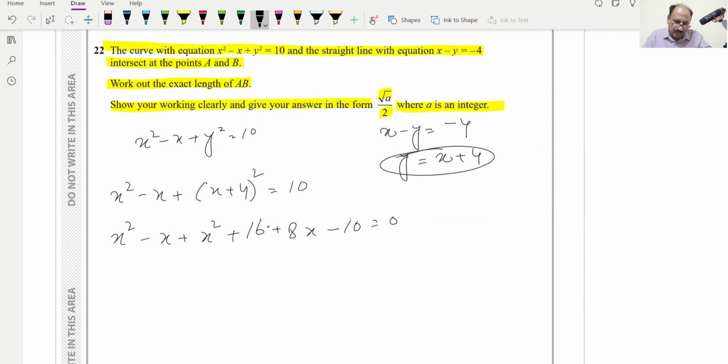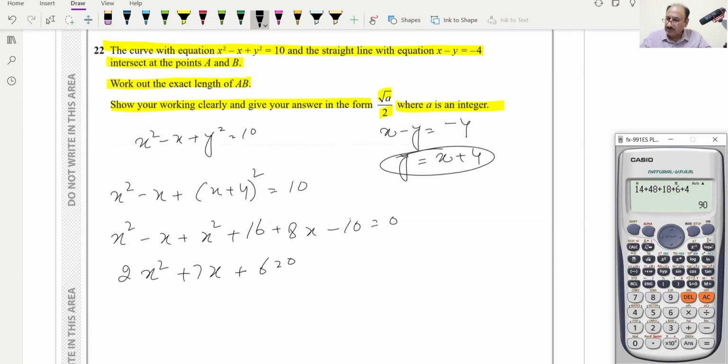Now we can simplify this one. So 2x squared plus 7x plus 6 is equal to 0. Now we can factorize. The coefficient of x squared is 2, the coefficient of x is 7, and the constant is 6.